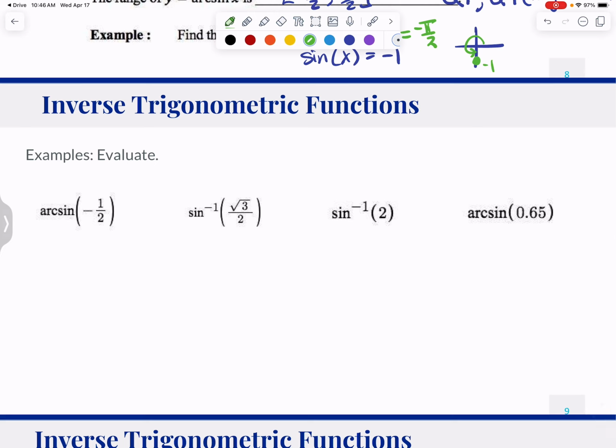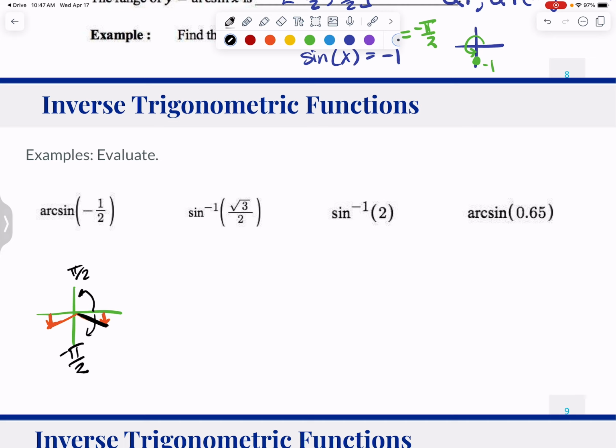So let's use it for sine a little bit. Arc sine of negative 1/2, you're thinking what angle makes the y value be below the x-axis by 1/2. And remember that 1/2 is the short leg of a 30, 60, 90. So I'm thinking of this picture in my brain. But again, I only want pi over 2 to negative pi over 2. So I want this one. Now, that is the smaller of the 30, 60, 90s.